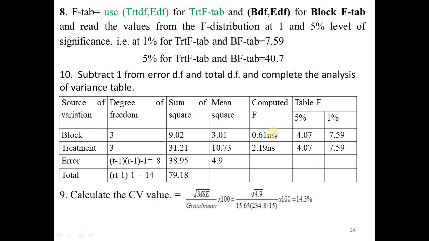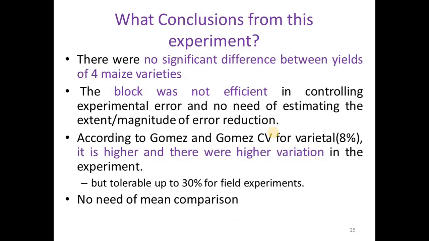experimental error in the RCBD design. The other point is, according to Gomez and Gomez, a CV for a varietal trial acceptable up to 8% is higher and indicates higher variation in the experiment, but tolerable up to 30% for field experiments.